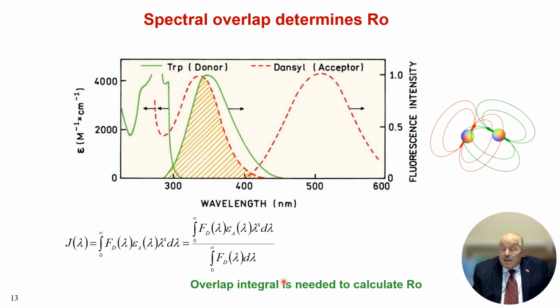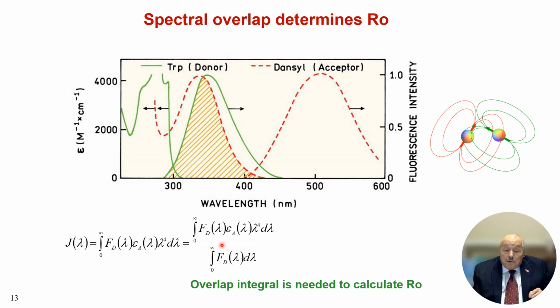So now we have to calculate the overlap integral. So let's look at what the overlap integral is. Don't get bogged down with trying to think about how you're going to calculate it. Just think of it as the following. First of all, it's normalized by the total intensity, so that's the integral over all wavelengths of the donor alone.